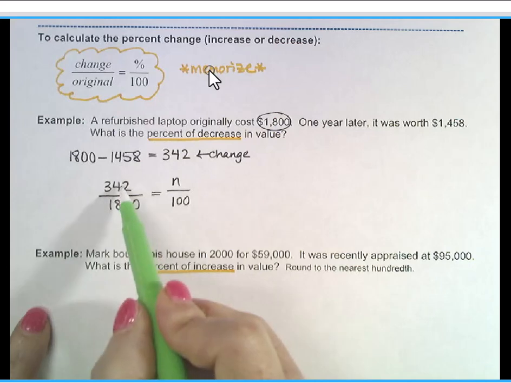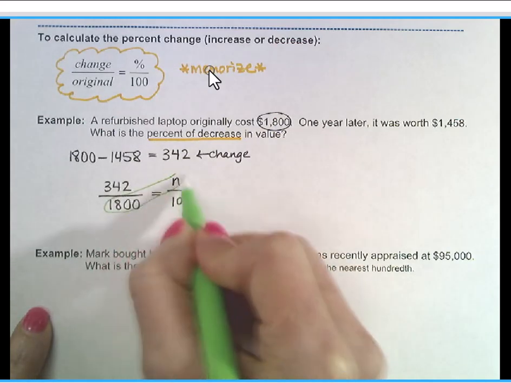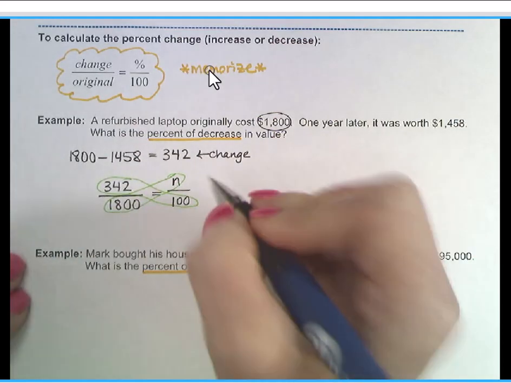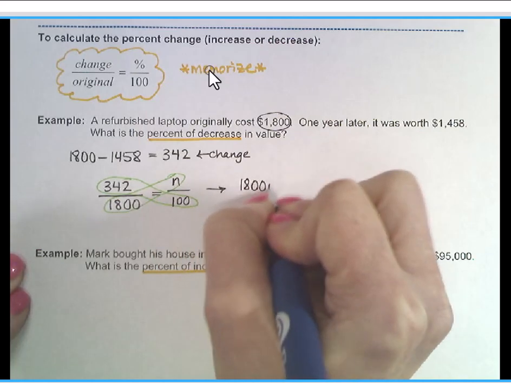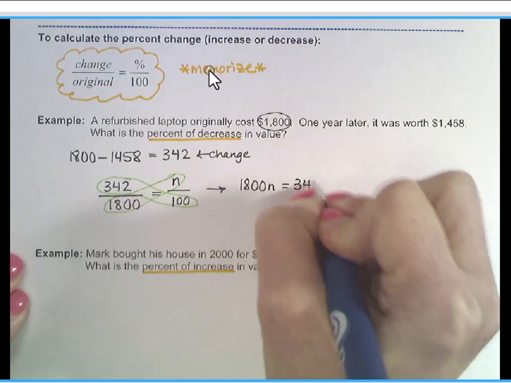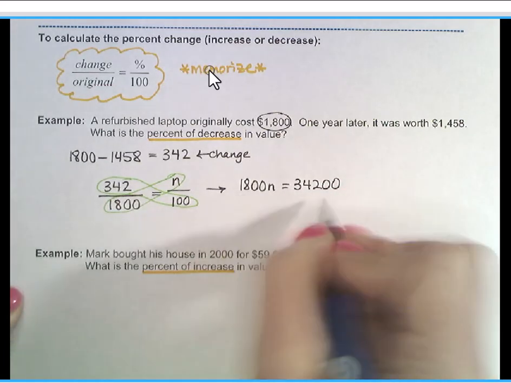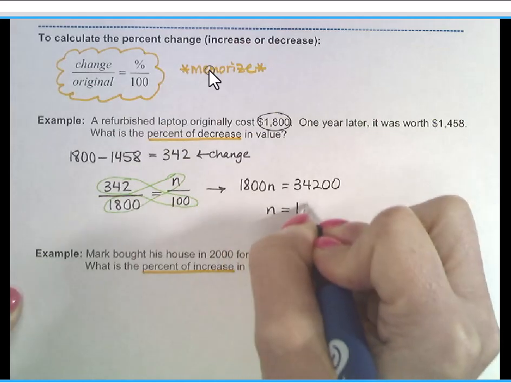So change over original equals n over 100, and then you can cross multiply and solve. So that'll be 1,800n equals 34,200, and then if you divide both sides by 1,800, you will get 19.